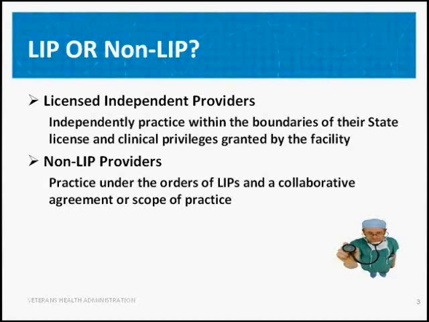APRNs, PAs, and clinical pharmacists who practice on a scope of practice are credentialed as LIPs, even though the facility where they work or their license requires them to be in a collaborative agreement. This is because they are required to be credentialed as LIPs by the Joint Commission, regardless of whether or not their license allows them to practice as LIPs.